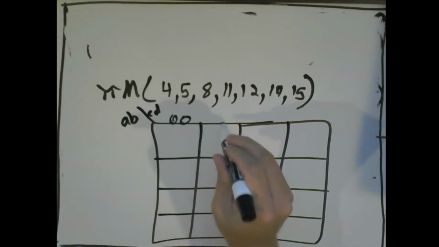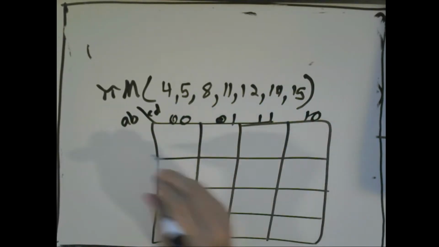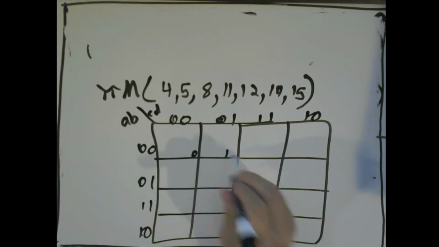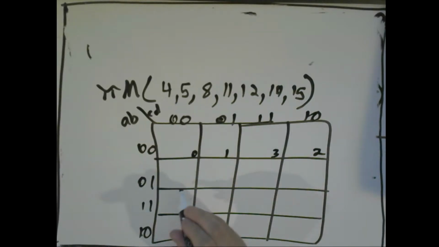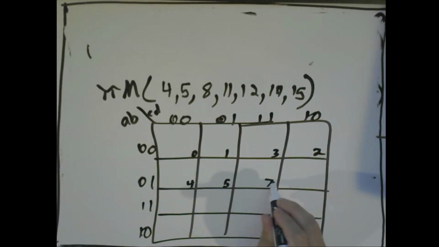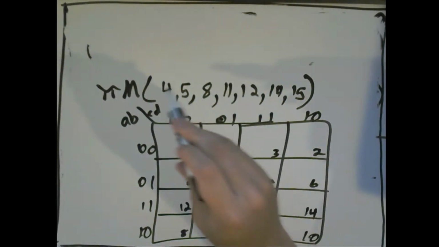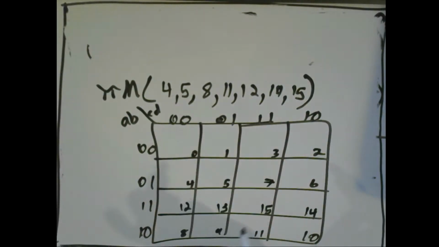So I'll just number this up for you. 0, 1, 3, 2, 4, 5, 7, 6, 8, 9, 11, 10, 12, 13, 15, 14. And so for these terms, instead of putting a 1, we would put the 0 here instead.